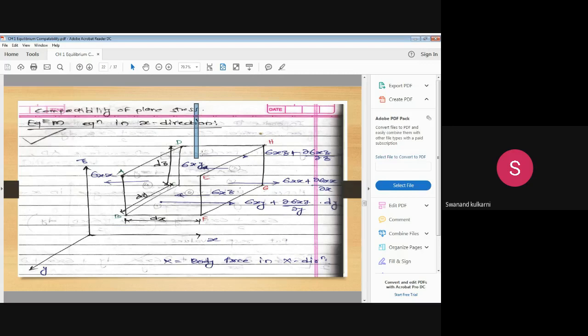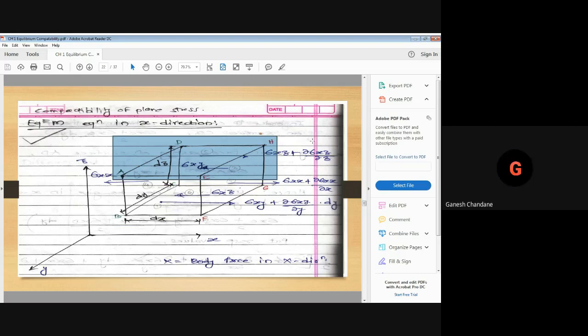However, the component of sigma ZZ along X direction, we have denoted as sigma XZ. बरोबर का? The component of sigma ZZ along X direction, which will act on this AEHD surface, will be sigma XZ plus dou sigma XZ upon dou Z. Is it correct? हा मुद्दा लक्षात येतोय का? सिग्मा एक्स झेड हा कन्सेप्ट लक्षात येतोय का? आर यू गेटिंग दिस सिग्मा एक्स झेड?